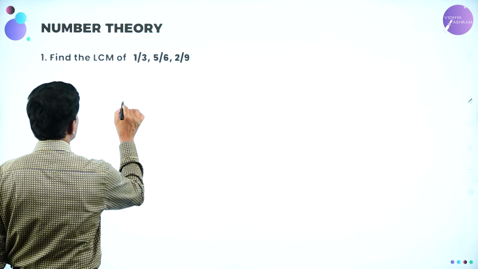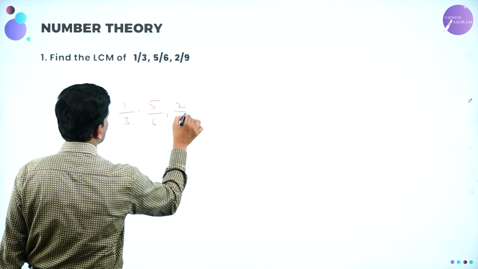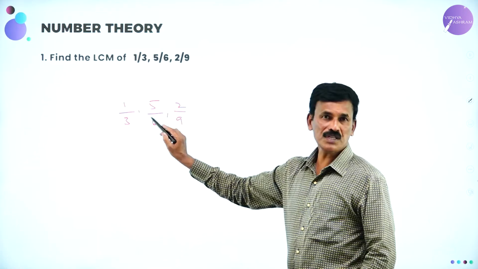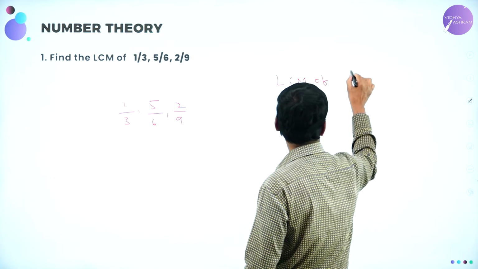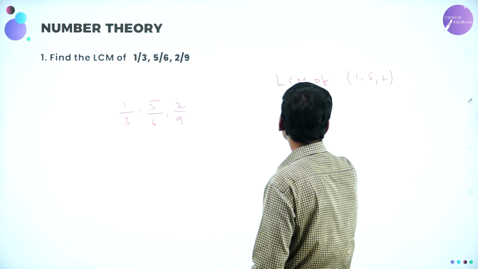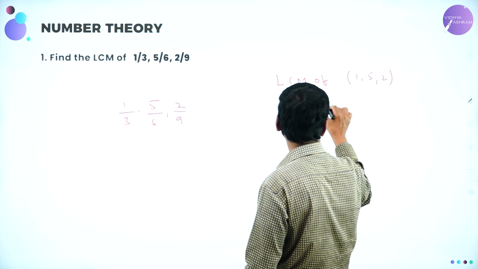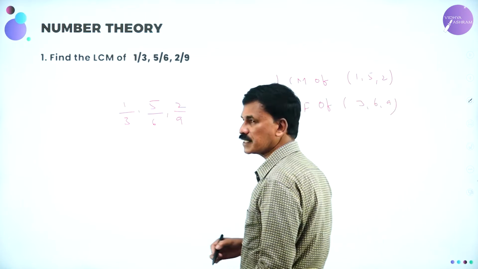So what is given here? The fractions are 1 by 3, 5 by 6 and 2 by 9. So these are proper fractions. First find out the LCM of the numerators 1, 5 and 2. Then the HCF of the denominators 3, 6, 9. Okay.